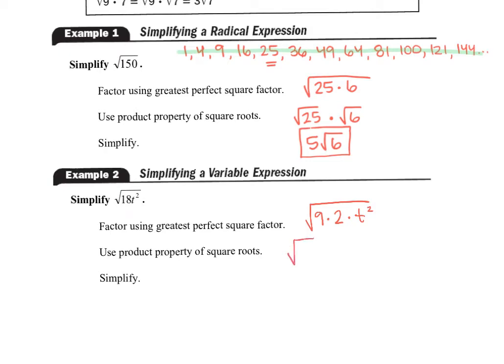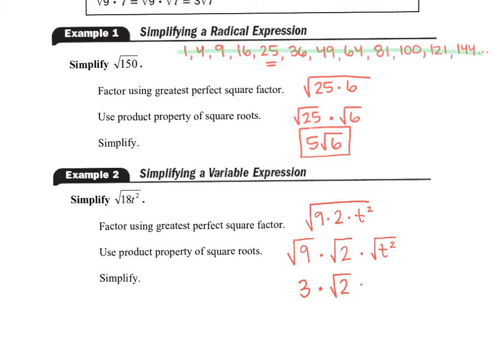So just like before, I'm going to break this into its own square roots. So I have the square root of 9 times the square root of 2 times the square root of t squared. Well, the square root of 9 is 3. The square root of 2 is not a perfect square, so I'm going to leave it just like that. Now we have the square root of t squared. If you remember from yesterday's lesson, we can undo something that's squared with a square root.